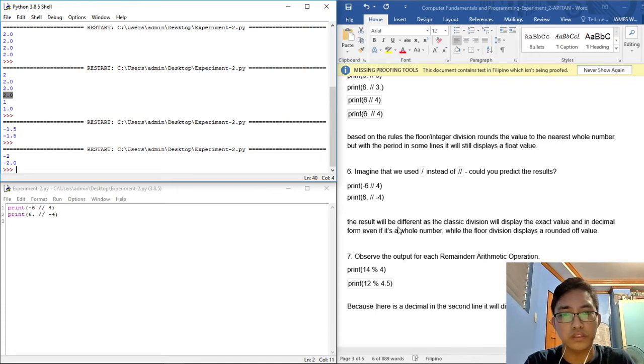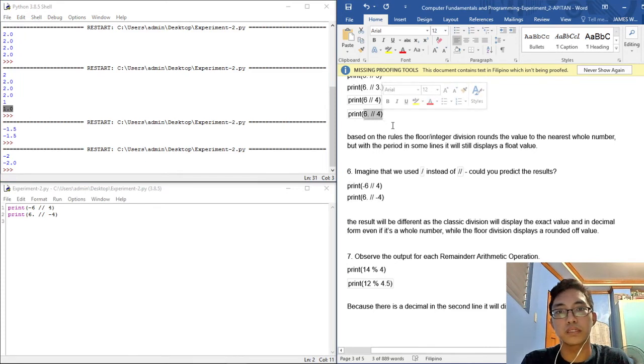As observed here, the result will be different as the classic division will display the exact value, while the floor division displays a rounded off value, which means that negative 1.5 rounded off to the nearest whole number and lowest integer will be negative 2, because if it is a positive 1.5, it will be 1. And as you can see here, because of positive 6 integer 4.